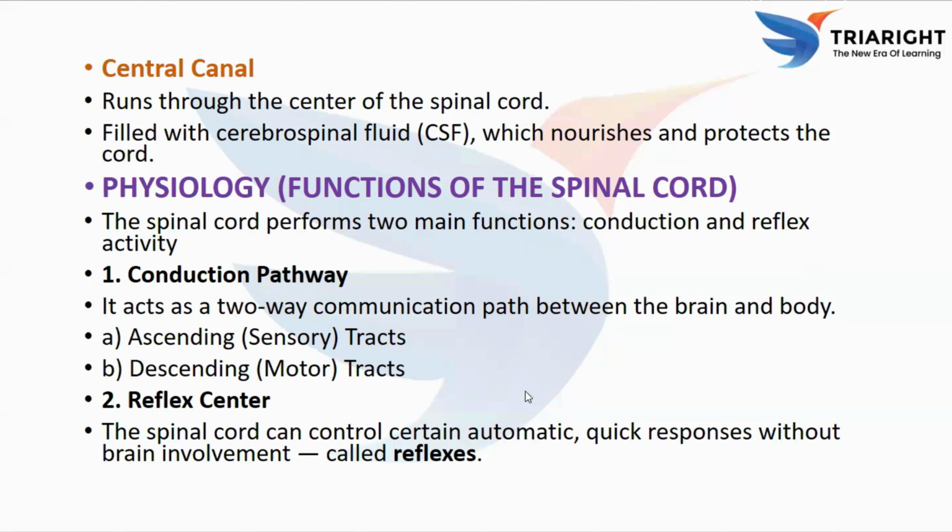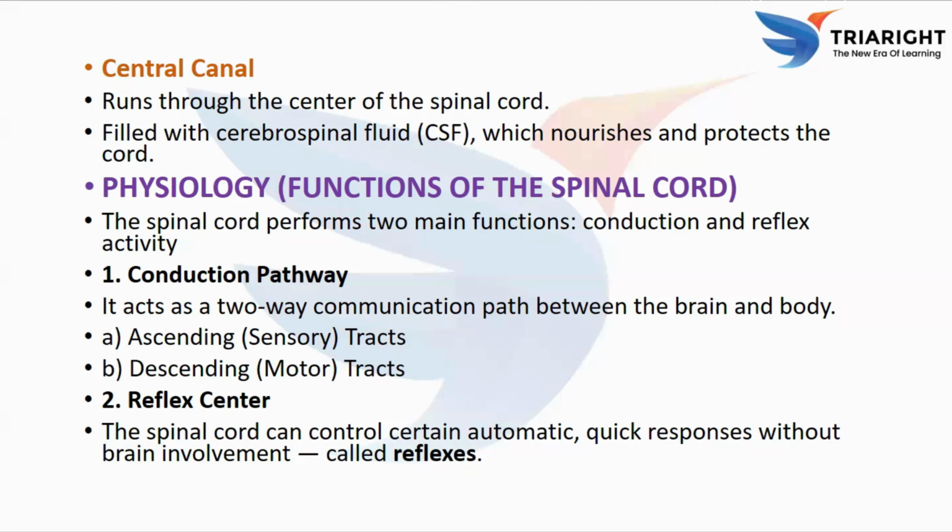It carries the message up and down through the nerve tracts. Again, you have two types of tracts over here, an ascending one and a descending one. The ascending tract carries the sensory information like touch, pain and temperature from the body to the brain. Whereas the descending motor tract carries the motor commands from the brain to the muscles and glands, allowing the movement and action.